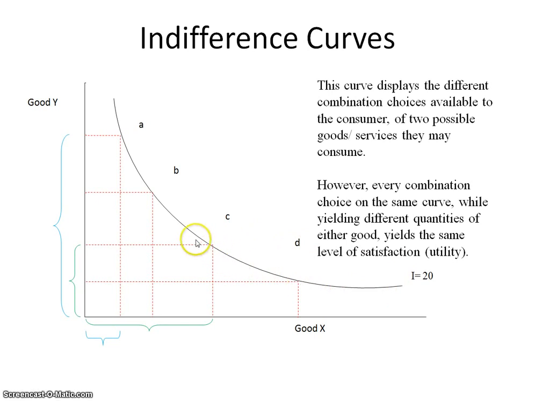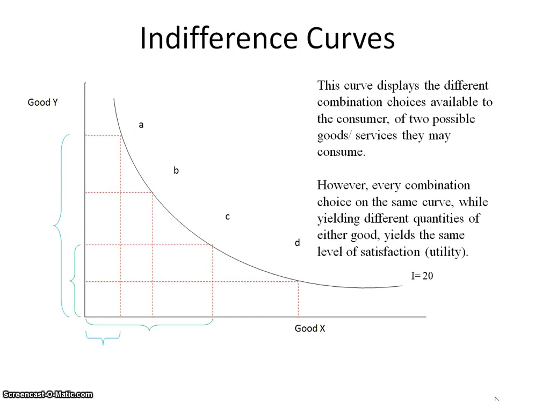Now, while we are seeing A, B, C, and D, four possible combination choices, every point along this curve represents different combination choices for the consumer. But it is important to note that regardless of which combination choice is chosen along this curve, every combination choice on the same indifference curve will yield the same level of utility.